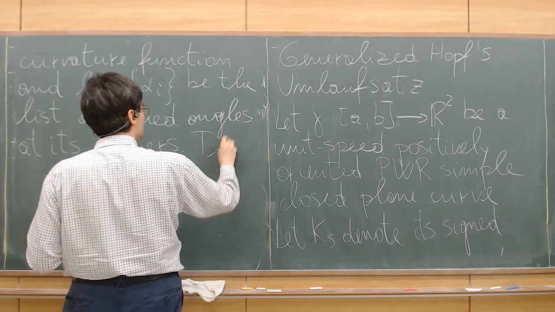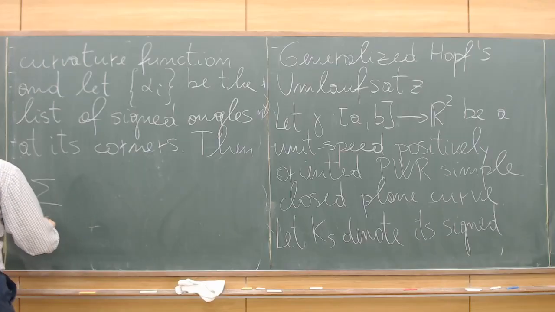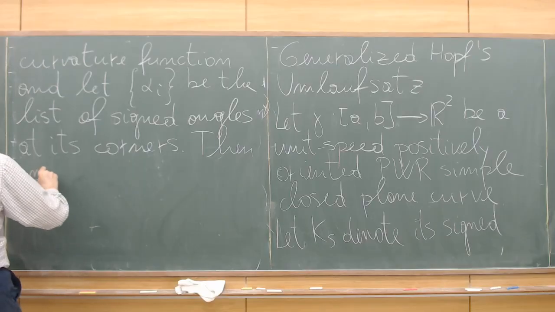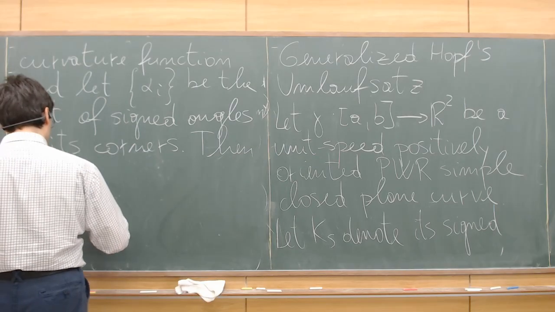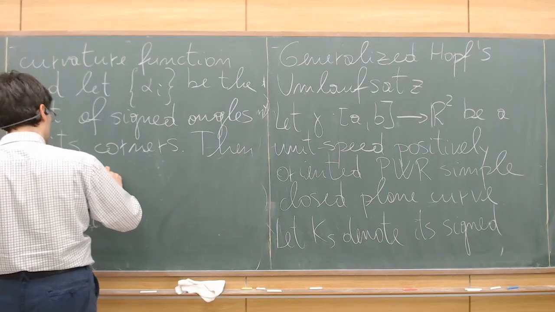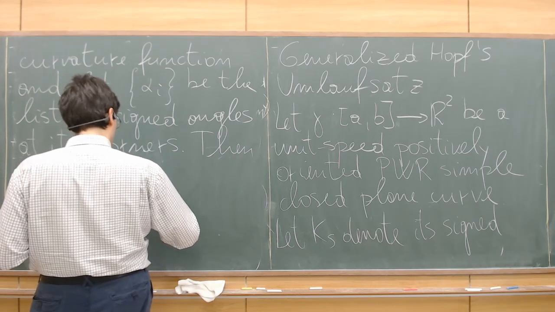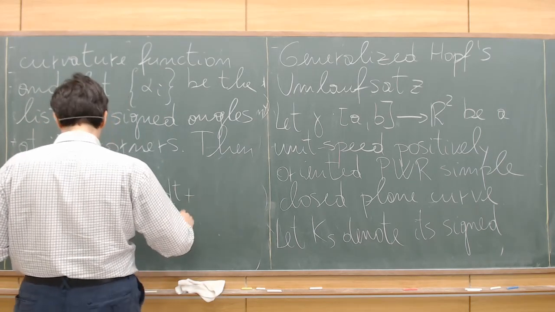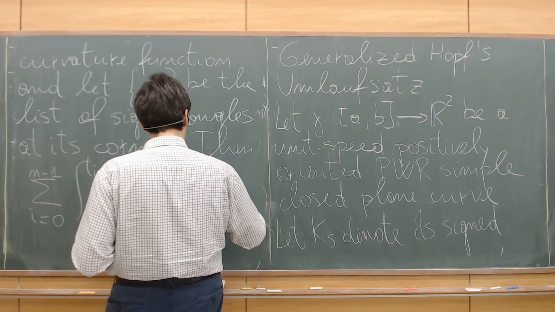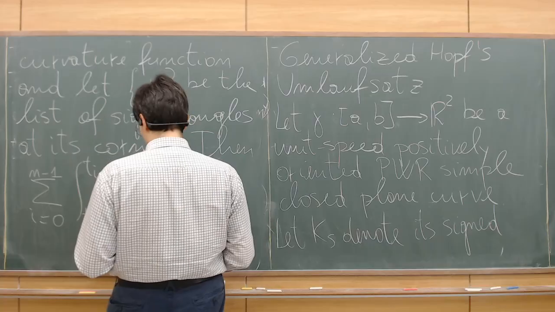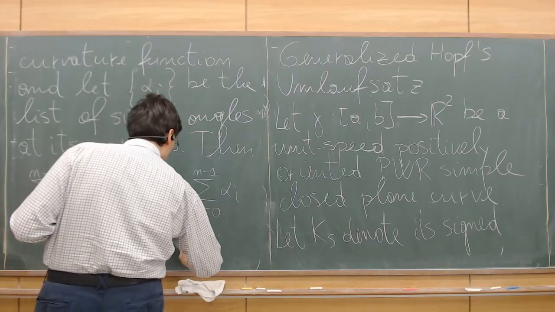Then we have that the sum on I from 0 to n minus 1 of the integral from ti to ti plus 1 of ks(t) dt, plus the sum on I from 0 to n minus 1 of alpha I, must be equal to 2 pi.